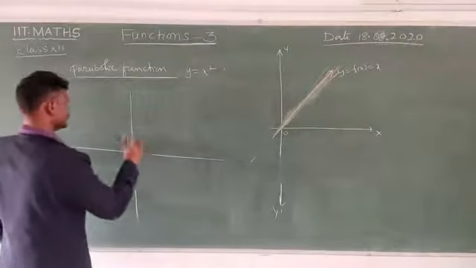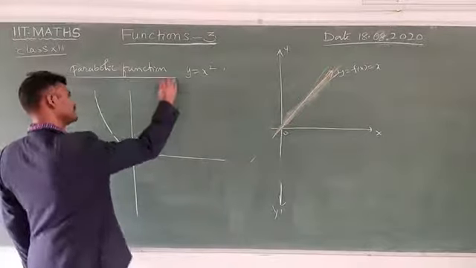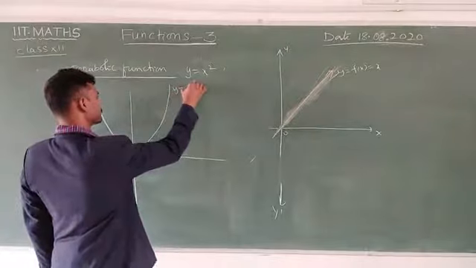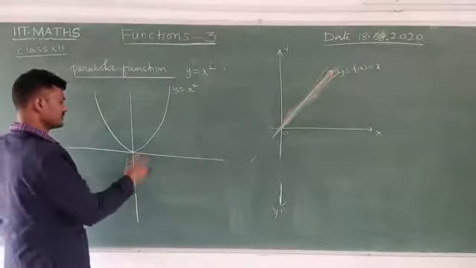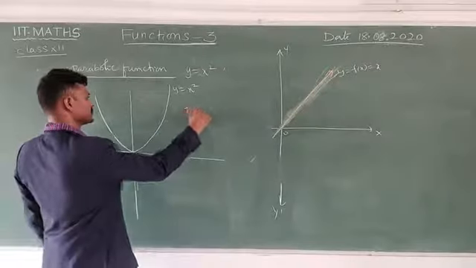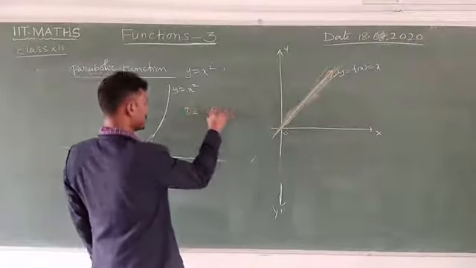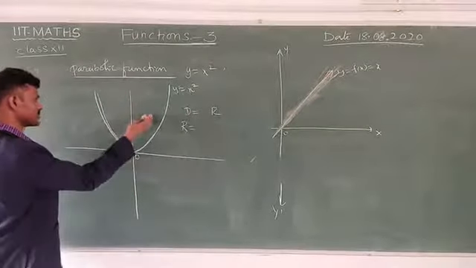Now you have to draw a graph of the parabolic function. Now see here, this is y is equal to x square. Now this is the origin. Here domain is equal to all values are possible, that's why R, and range is equal to... This is also positive. This is also positive.